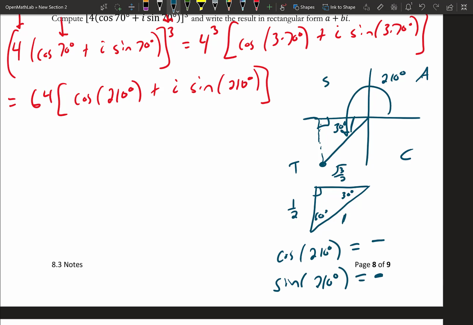Cosine of 30 degrees is radical 3 over 2, and sine of 30 degrees is 1/2. That means cosine of 210 is negative radical 3 over 2, and sine of 210 is negative 1/2.